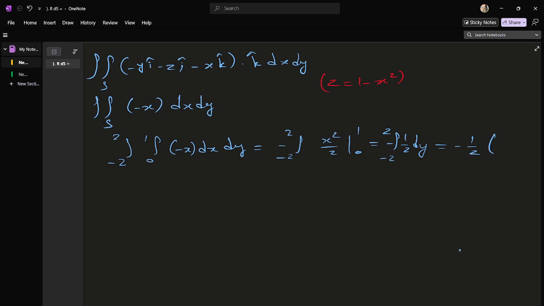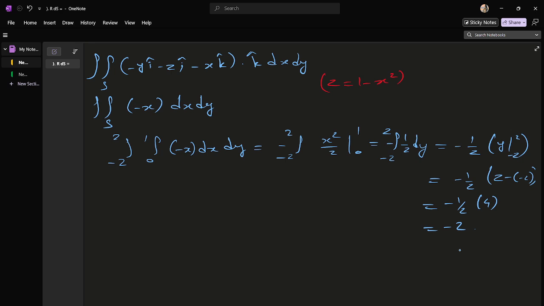Then it will be minus half, and it's y from minus 2 to 2. After completing the outer integral, we get minus half of 4, and it's minus 2. So the surface integral is now minus 2.